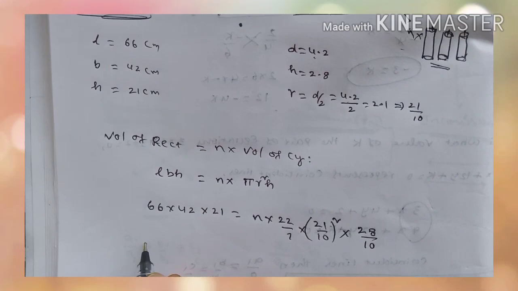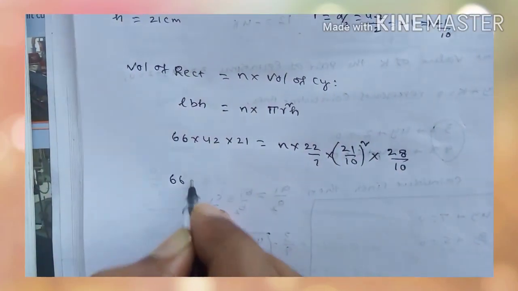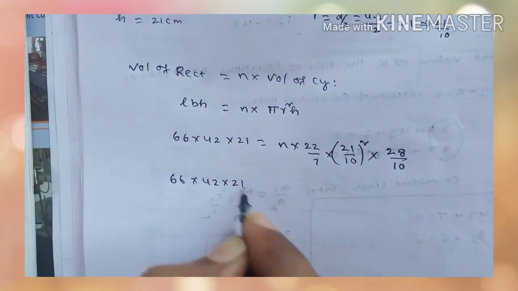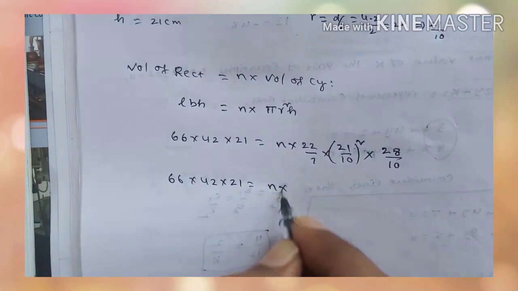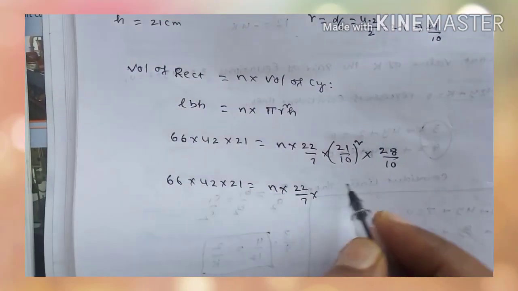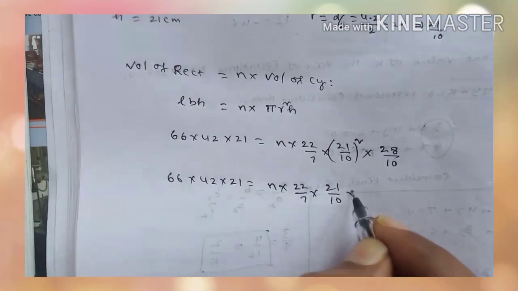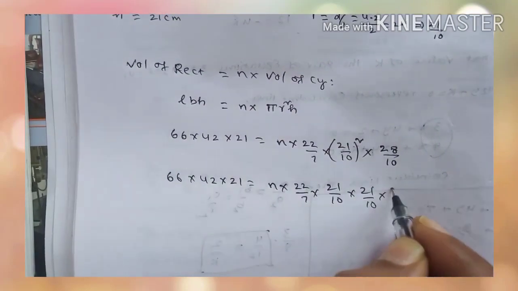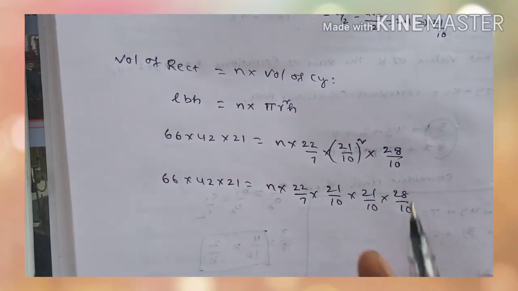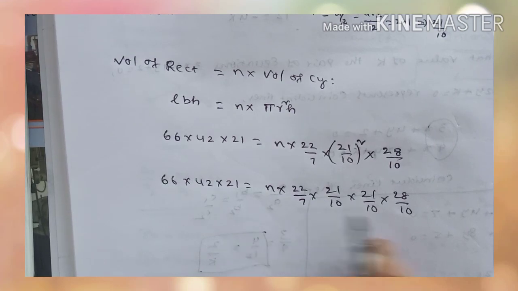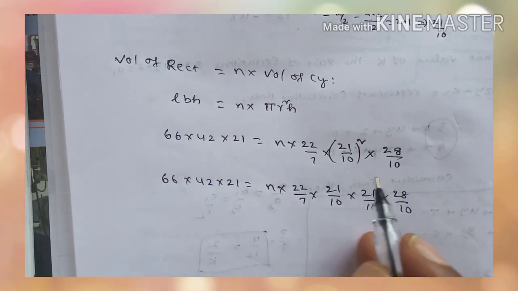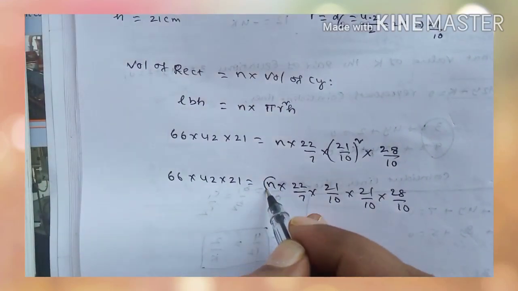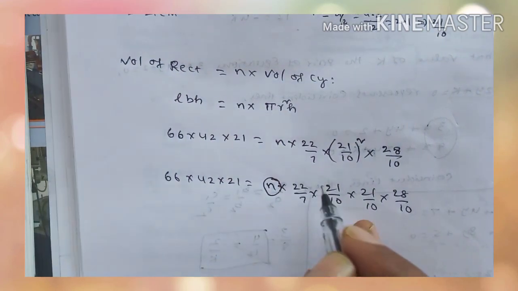So 66 into 42 into 21 is equal to n into 22 by 7 into 21 by 10 into 21 by 10 into 28 by 10. Till here there is no cancellation. Now this step is the cancellation step, the final step.